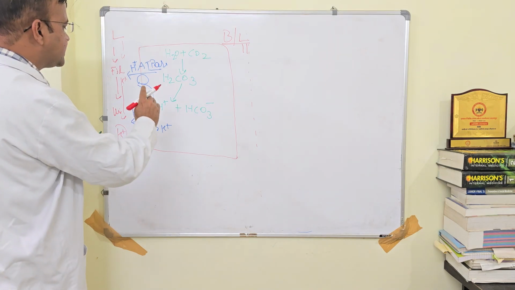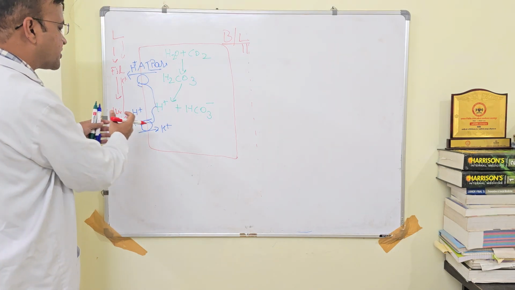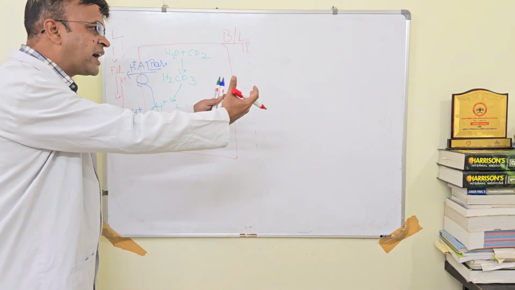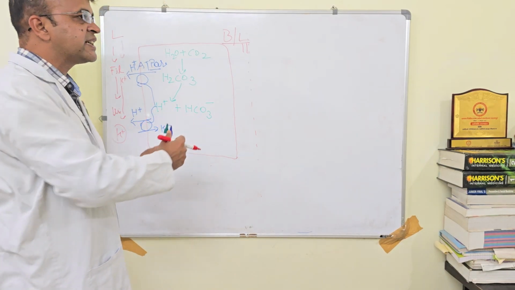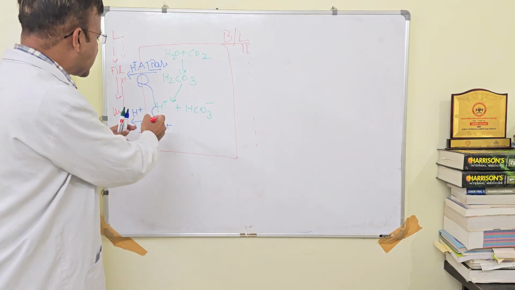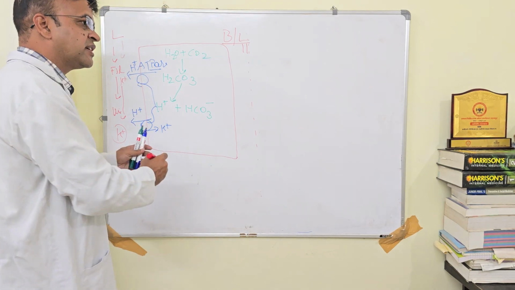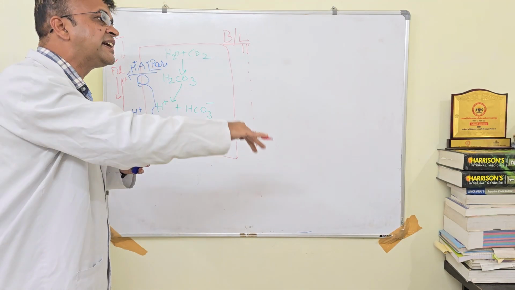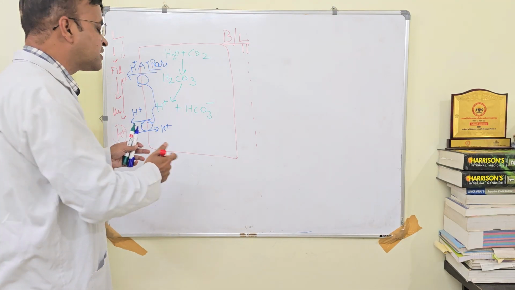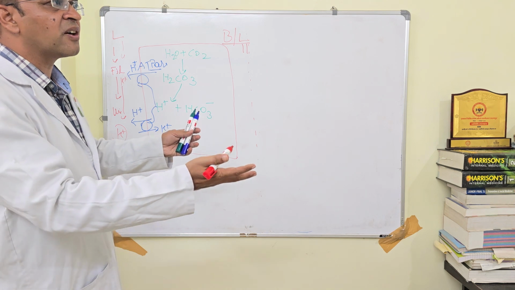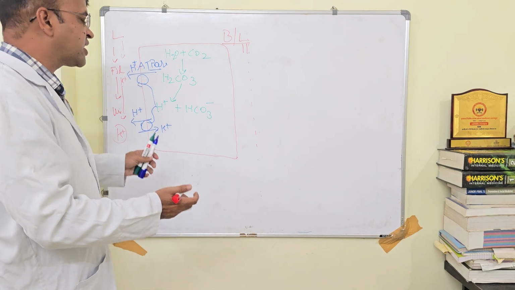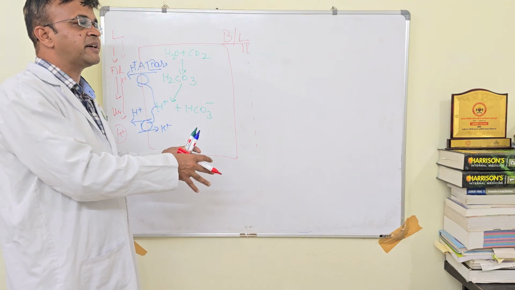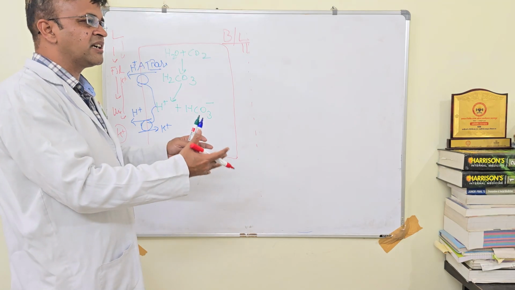Now these intercalated cells will try to preserve this K plus by reabsorbing K plus inside, right? But in exchange, they have to secrete H plus. So in the process of trying to preserve K plus, they have to secrete H plus, and if they secrete H plus, you get alkalosis, right?